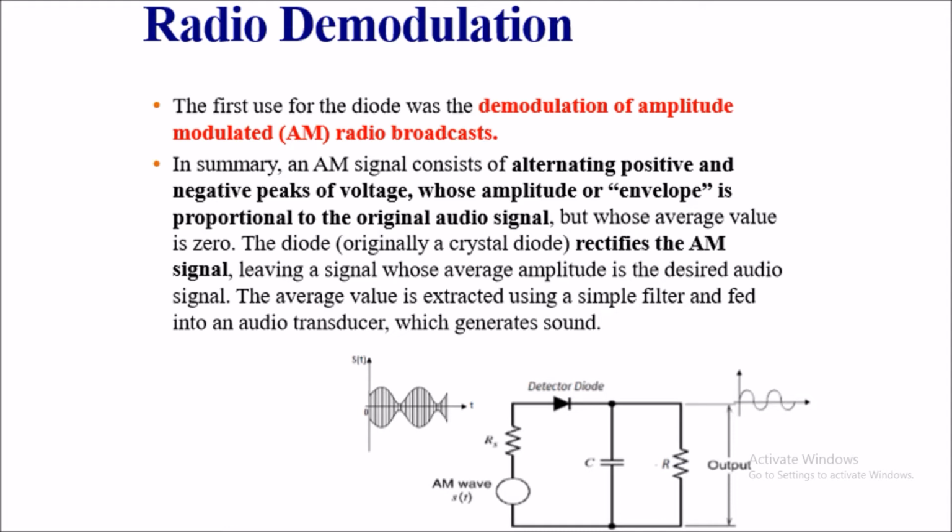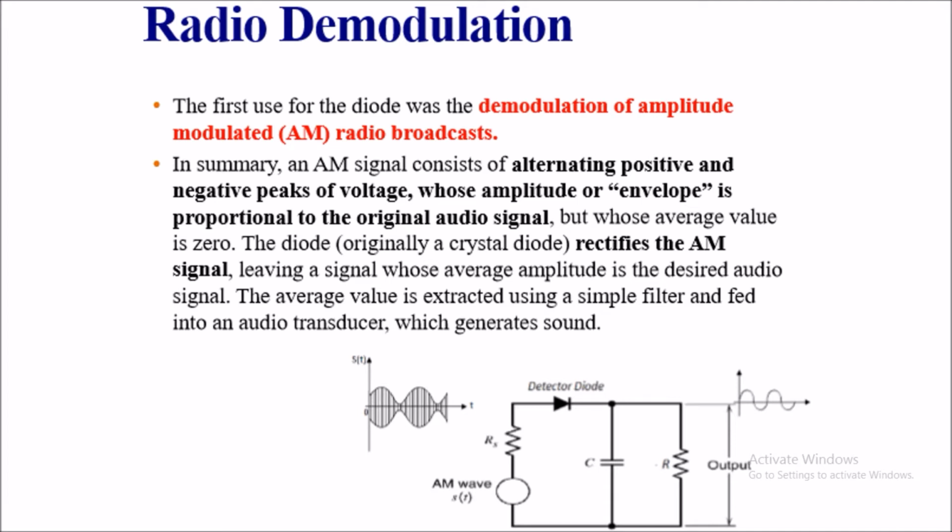In summary, an AM signal consists of alternating positive and negative peaks of voltage whose amplitude or envelope is proportional to the original audio signal, but whose average value is 0, as declared in the input, which is s of t. We show here the diagram showing that the average amplitude of this alternating input is 0.